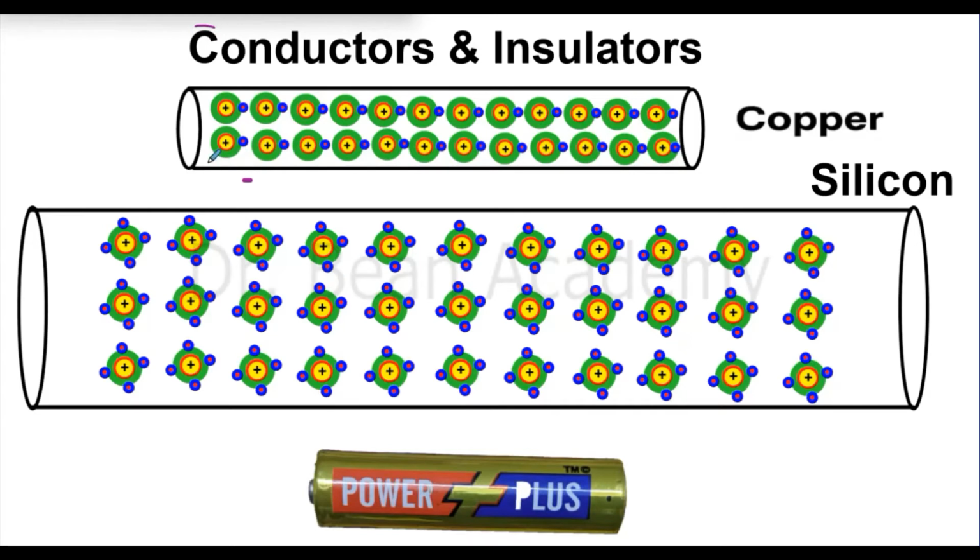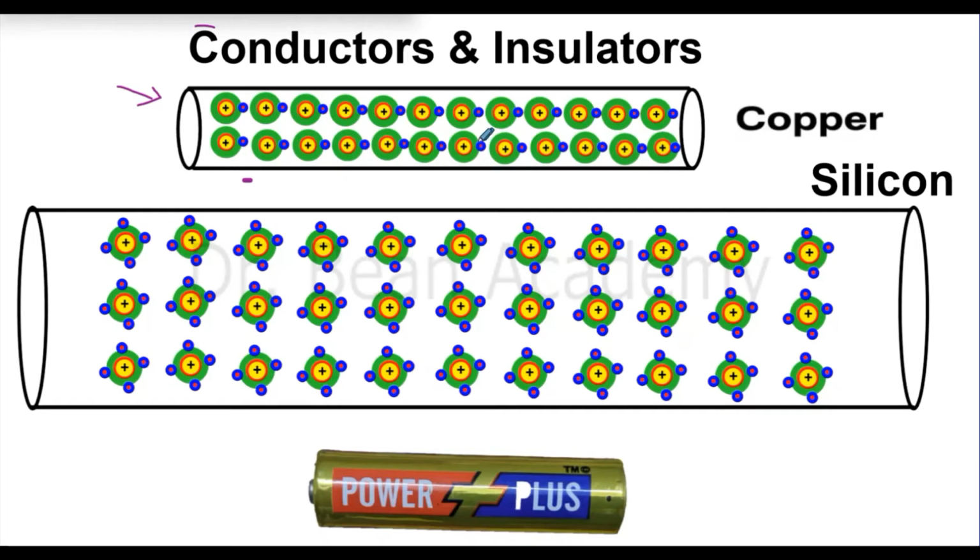If you remember, when we were talking about the conductors and we specifically talked about copper, we saw that when these atoms of copper come closer to each other, a type of metallic bonding was formed in that case, because there was only one electron in the outermost shell in case of copper, and then every atom was sharing its outermost or valence electron with all the other atoms.